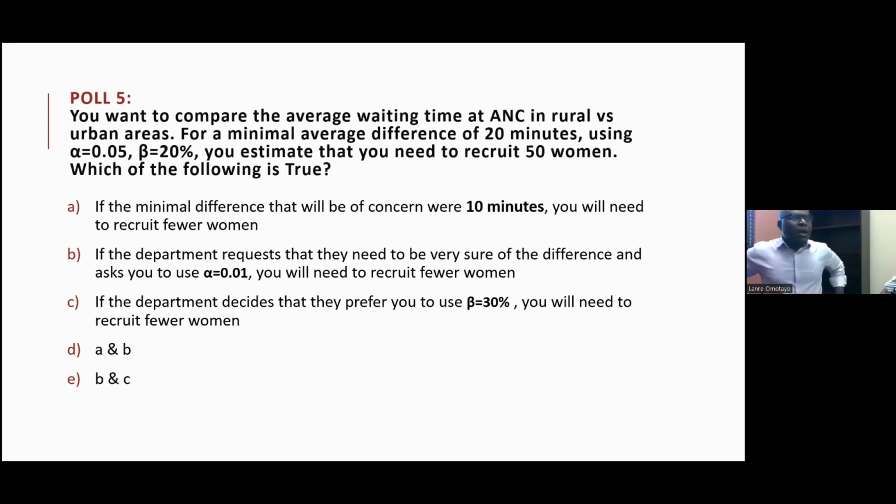So look at the options here. Which one is true? If the minimal difference that would be of concern were 10 minutes, you will need to recruit fewer women. What this option is saying is that if the effect size that you're interested in was 10 minutes, would you recruit fewer women?